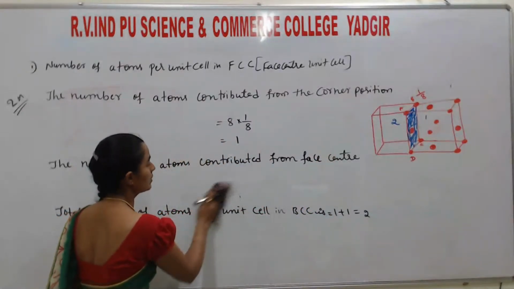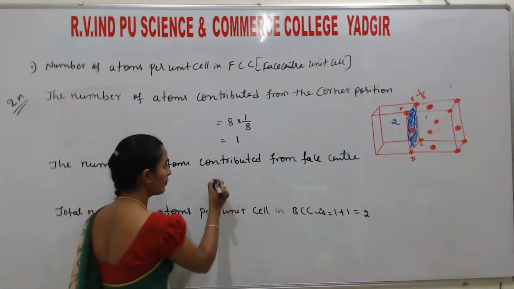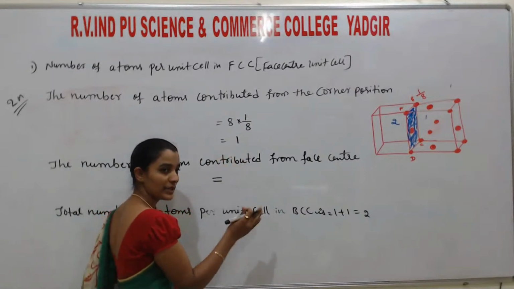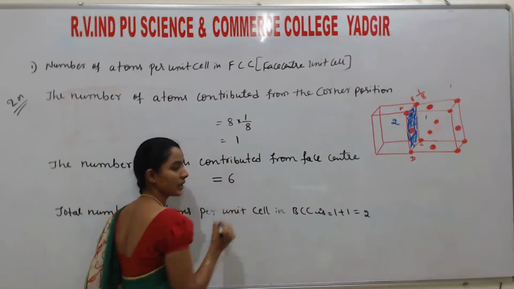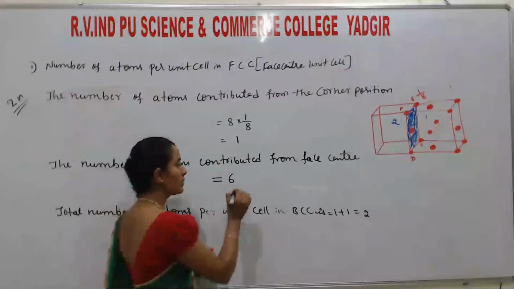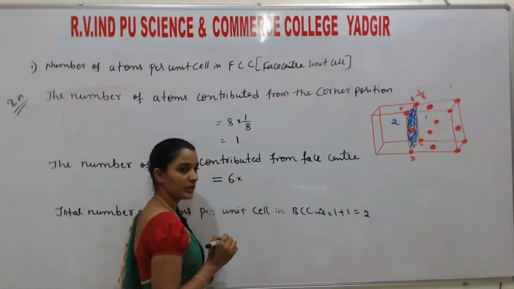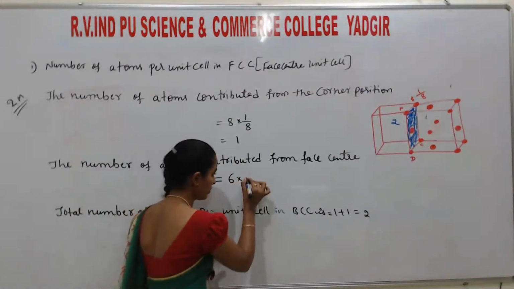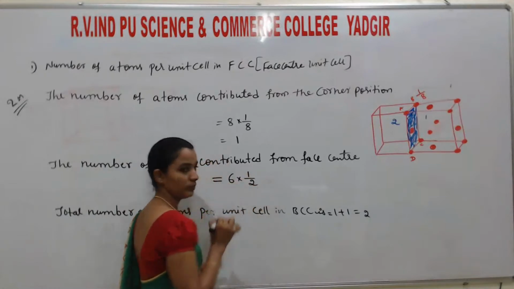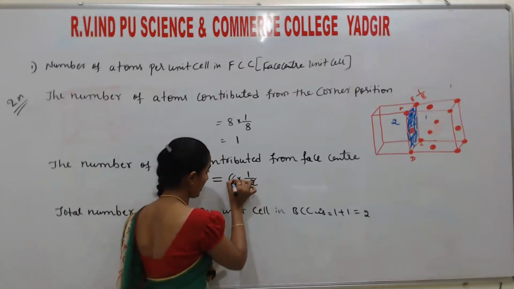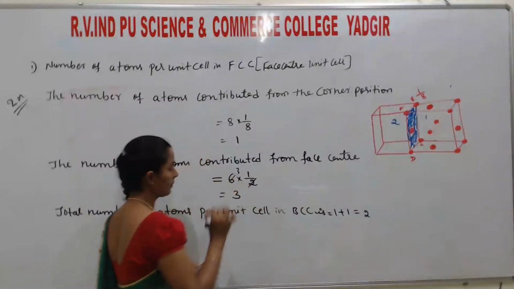Here what happens? Total how many number of atoms are there? From 6 faces means 6 atoms. So each atom is shared between how many unit cells? 2 unit cells. So that is 1 by 2. So 6 into 1 by 2, that is 3. Okay.